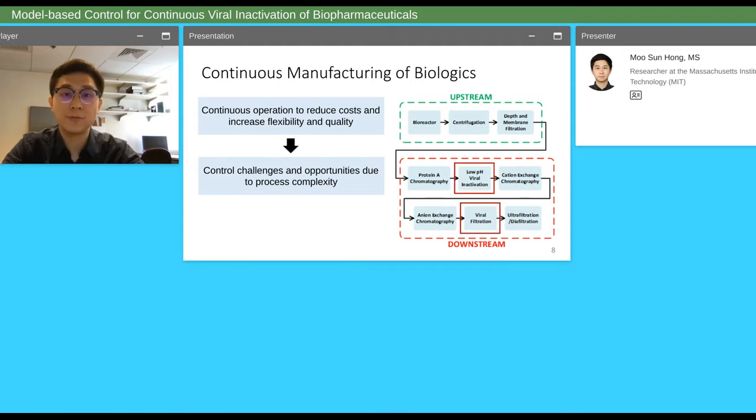As you can see from the typical process flow diagram, biologics derived from mammalian sources have to undergo two orthogonal virus removal processes. This is to remove the adventitious viruses that may be present in the master cell bank. And one common processing step is a batch low pH hold to inactivate the enveloped viruses.